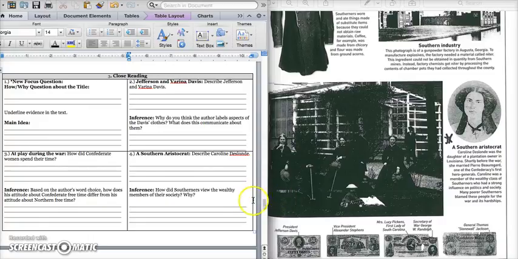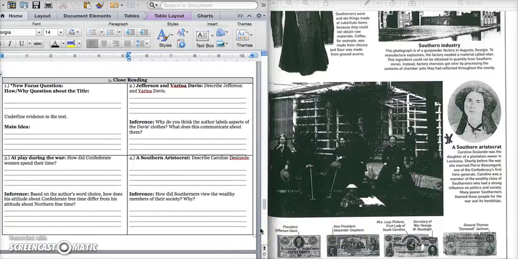So it first tells us to describe Caroline Deslondes, and we know that she was the daughter of a plantation owner, and she married Pierre Beauregard. And then it says, how did Southerners view the wealthy members of their society and why? If we go back to this last sentence, she was part of the wealthy class of Southerners that had a strong influence on politics and society.